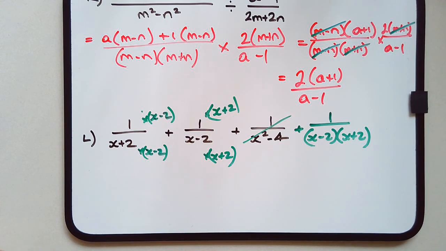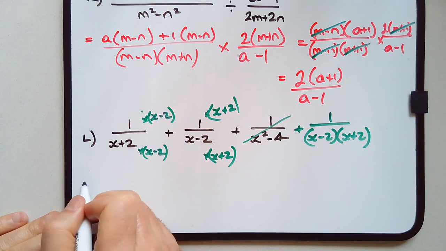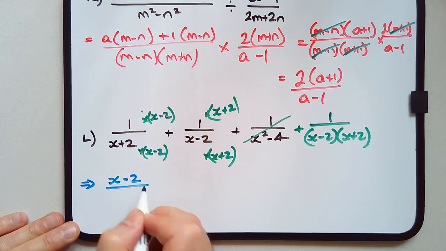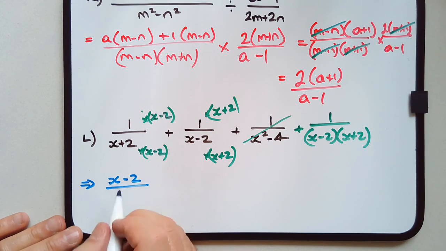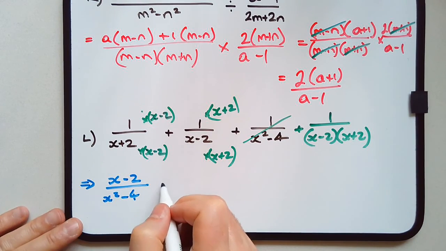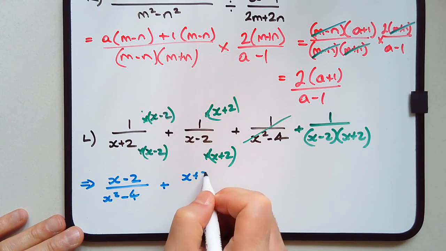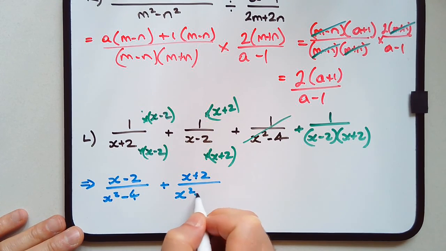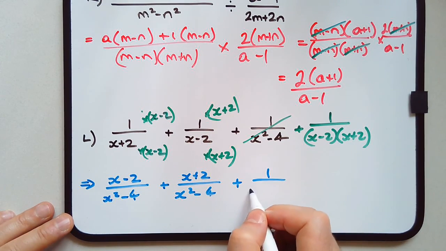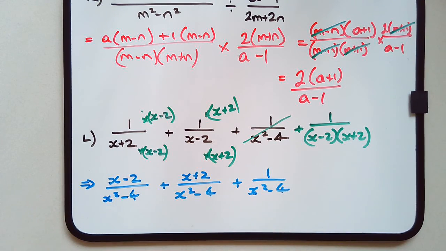So what do we end up with then? So we end up with, okay, x minus 2. And that's a difference of 2 squares. So that's just going to be x squared minus 4 plus x plus 2 over x squared minus 4, okay, plus 1 over x squared minus 4.